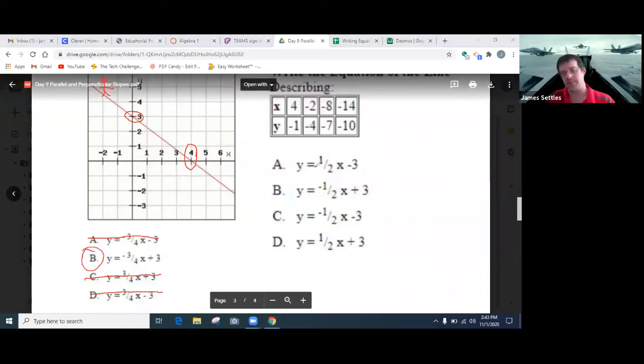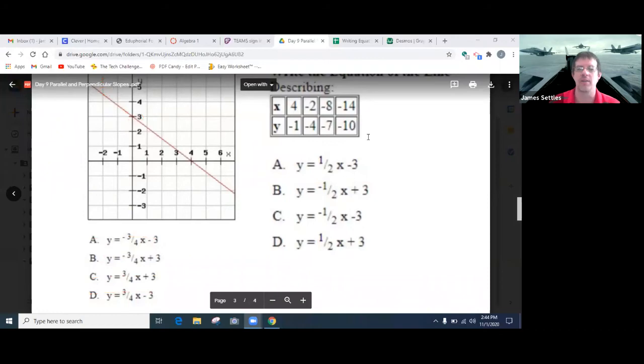Okay, so right here, I see the table and then I look down here and I see the y equals. It's these y equals that make this easy. So now we can go type these into the Desmos because we got a table here. And in the table, we type in the x's and we're checking to see if the y's are correct. Okay. So I'm going to go ahead and just clear everything.